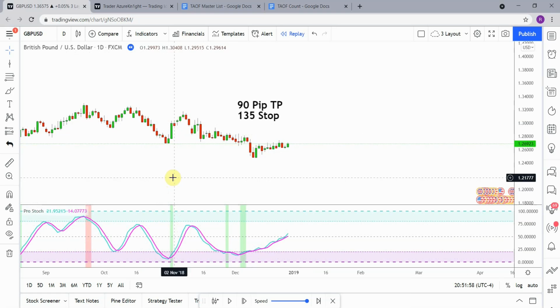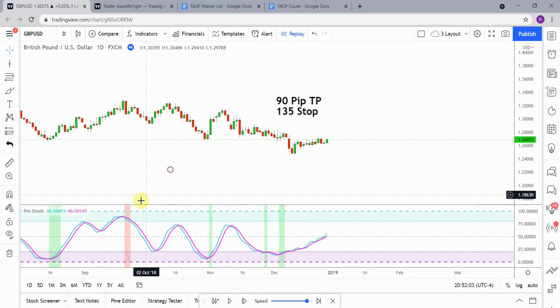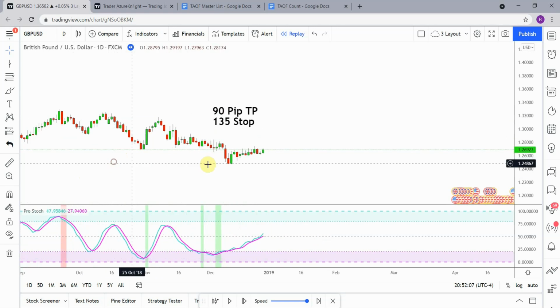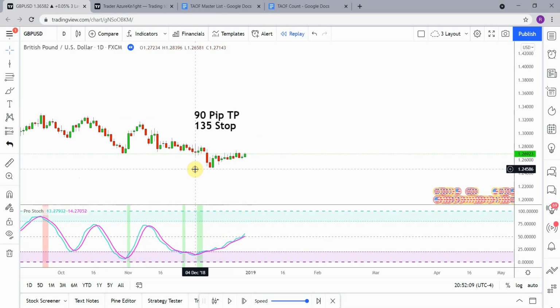That is a sign for a long trade. When we get the red coloration, then we are going to go short, a sign for a short trade. That is pretty much what we are looking for here, not much other than that. So let's go ahead and get on with the testing and see what we can get out of this indicator.